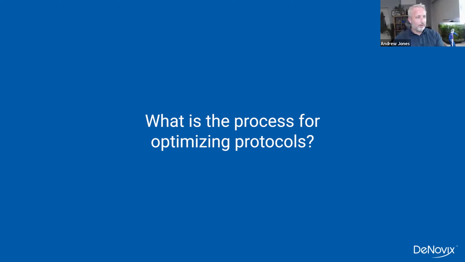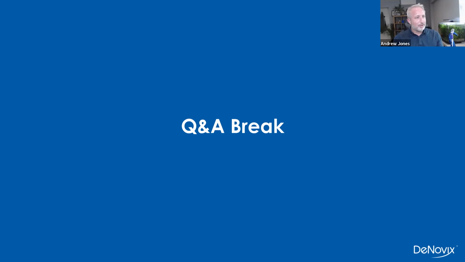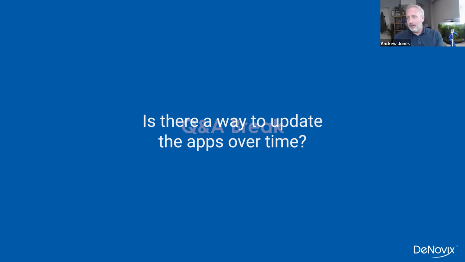And it's fair to say, I think, in my experience, that the default protocols get you a long way, right? So the default protocols are really well optimized for the majority of cell types that we use. And then for anything else, we have the options in the software that you can use to finesse optimization. Do you have a way to update the apps on the instrument over time?